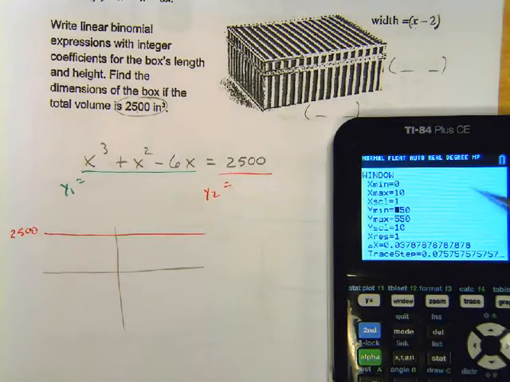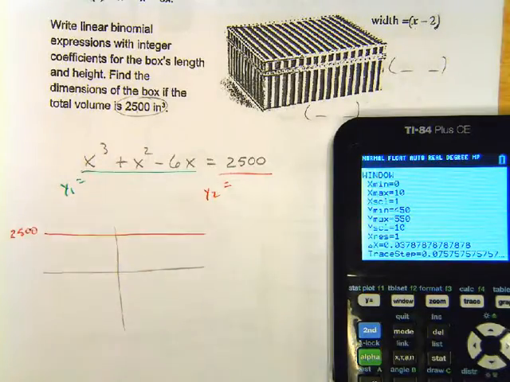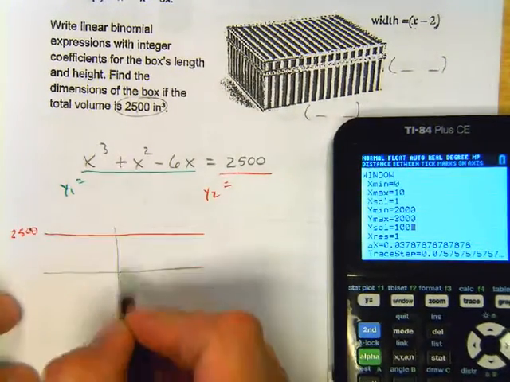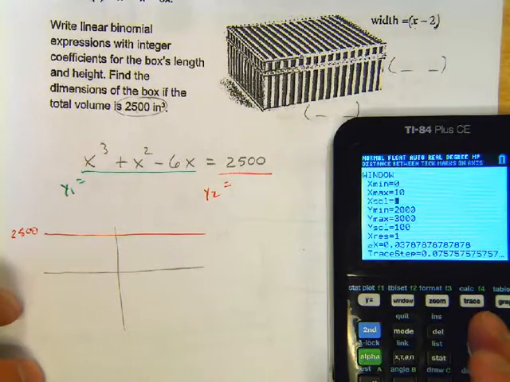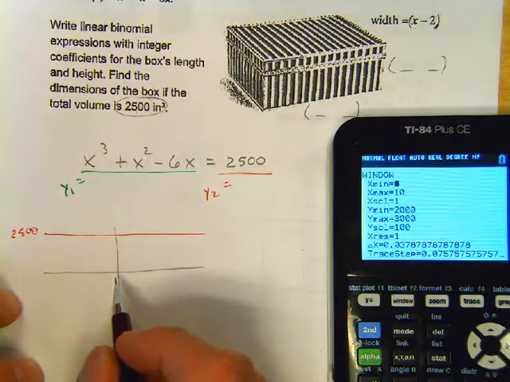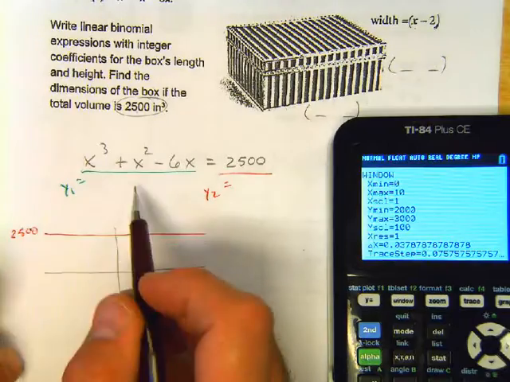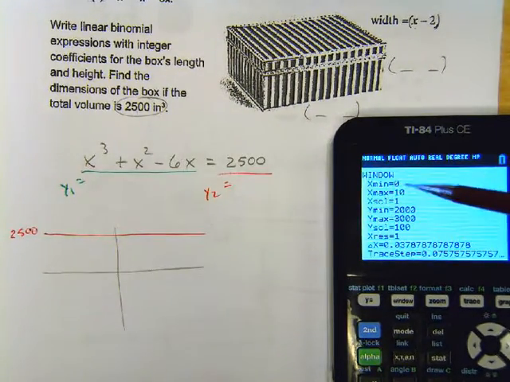So we could do y min, say 2,000, and y max 3,000. And that will capture this horizontal line. And then I don't believe it makes sense for any of these dimensions to be less than 0. So let's set x min 0 and let's try x max 10. And we'll see what happens.